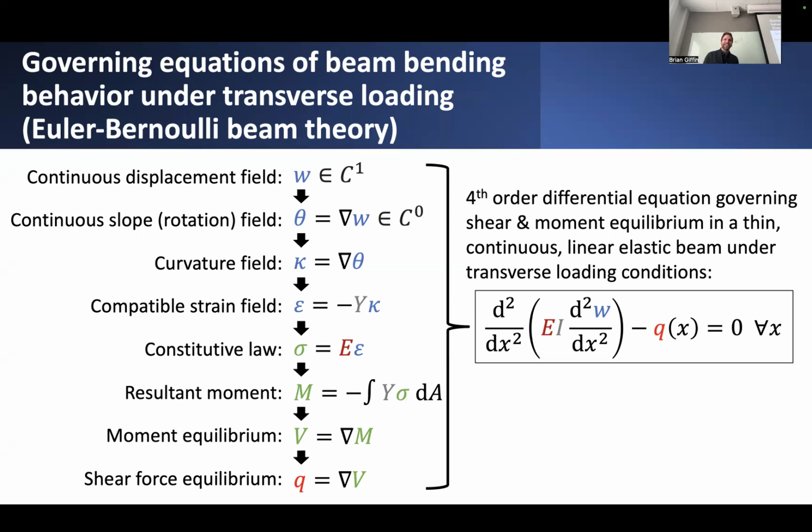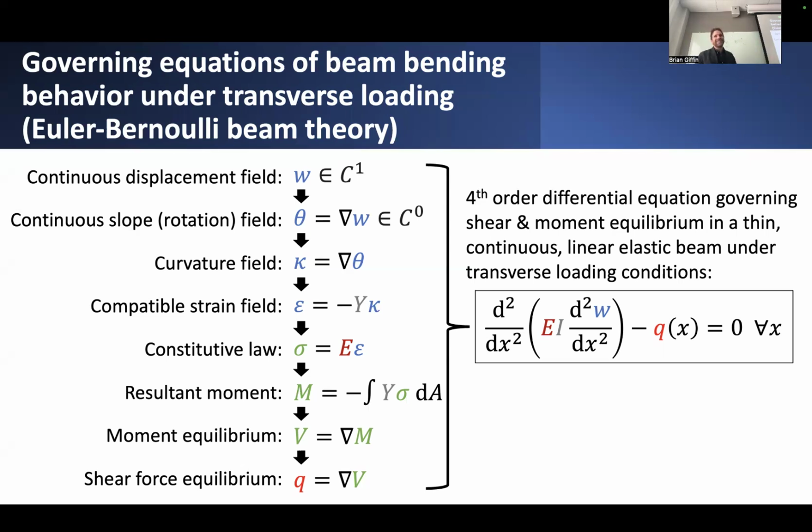We obtained differential relationships governing how the variation in moment is related directly to the resulting internal shear force, and the variation in shear force is directly related to whatever transverse loading Q you might apply to the beam.